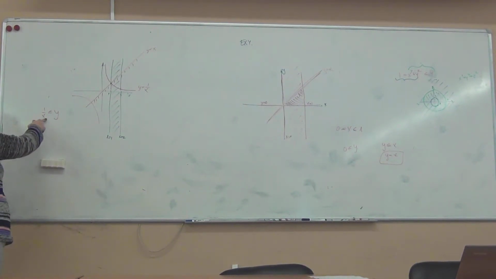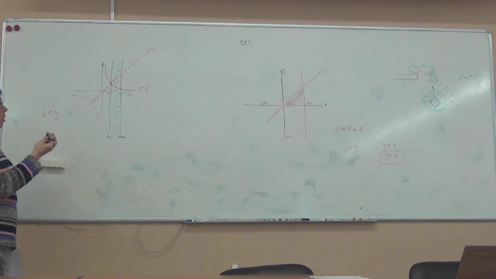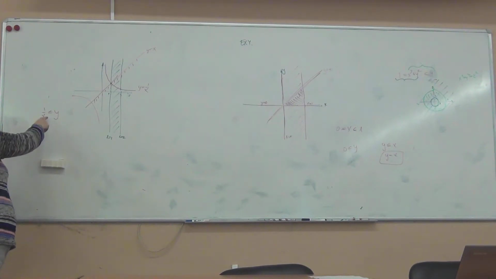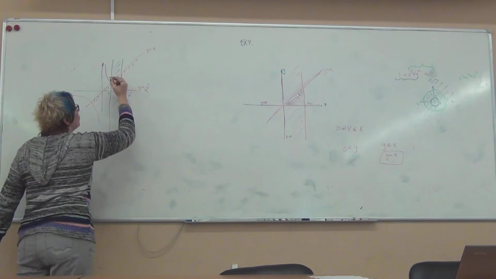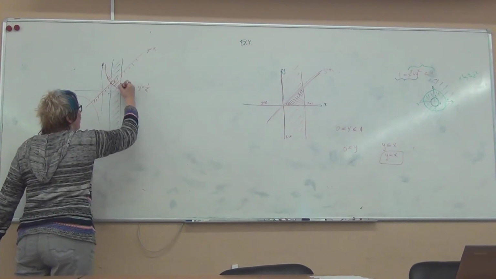And y has to be greater than this, so we need the points above this curve. We have to go upwards, so it would be like this.